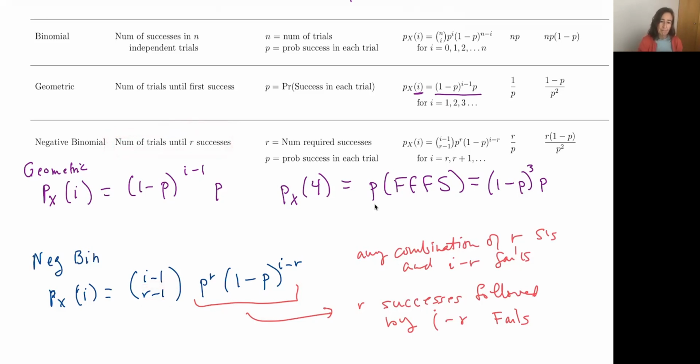One thing I should say about the negative binomial random variable is this basic idea can get talked about different ways. The way I'm doing it is one way that you'll see, the number of trials until the Rth success. Sometimes people will talk about it as the number of failures that you need to get a single success, and it is exactly the same idea, but the PMF looks different and the parameters look a little bit different.